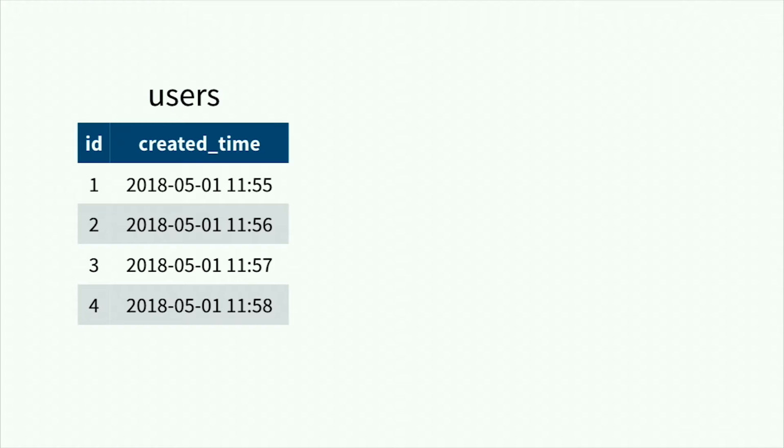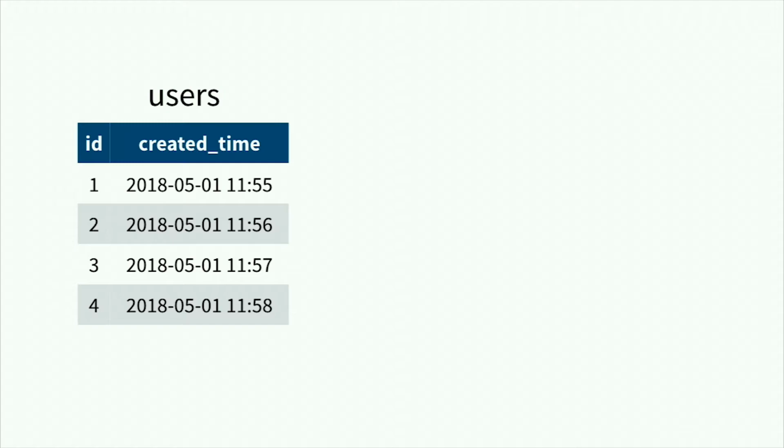So let's say we have a table that combines anonymous and registered users in one place. And we want to add a column or multiple columns that apply only to registered users.